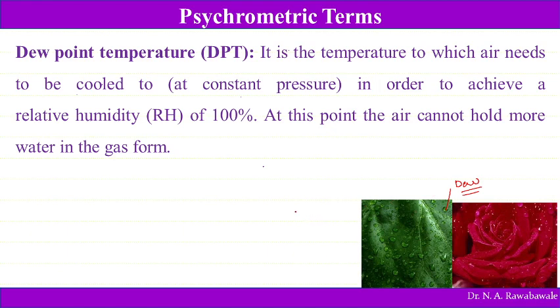Here the air which is present in the atmosphere holds water vapor in suspension. So when the temperature of this air falls to the dew point temperature, at that time this water which is in suspension gets condensed and accumulated over the leaves of the tree, over the flowers, and every surface. You cannot see these water droplets on the ground because the ground absorbs the moisture.